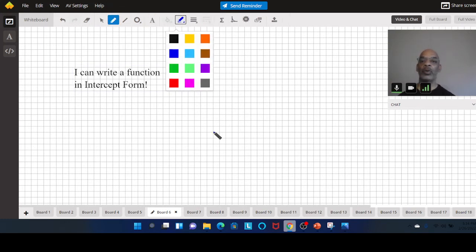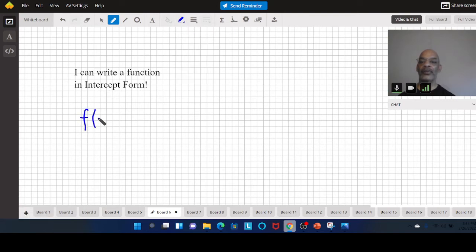Here we go. f of x equals negative 4 times (x plus 1) times (x minus 2).